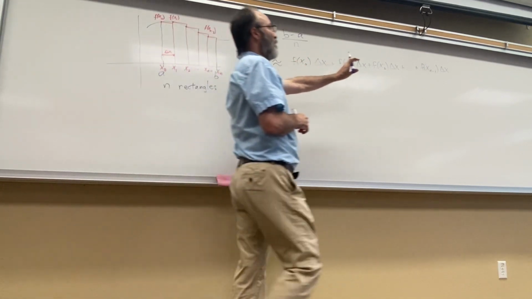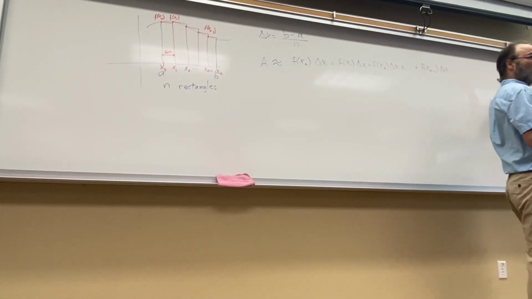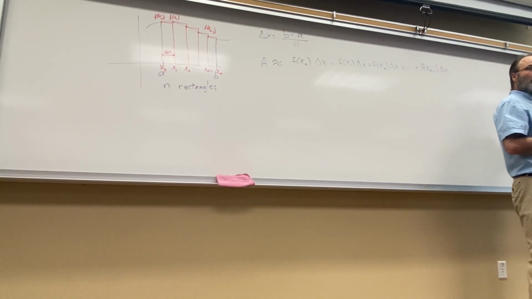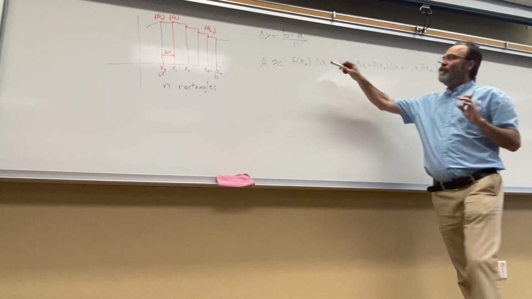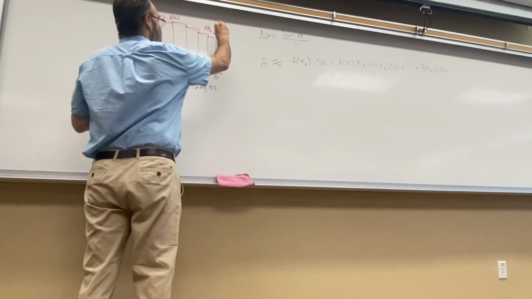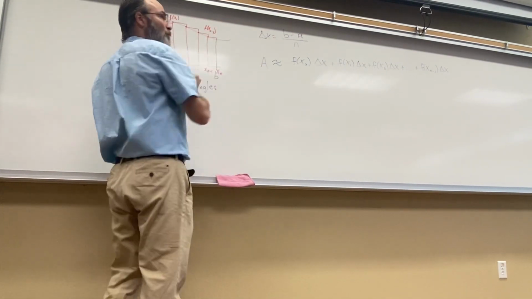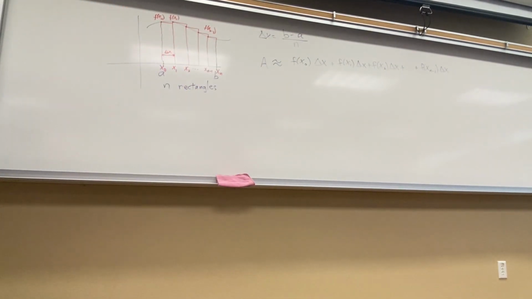Why don't we have f of x n delta x at the end of this? Because it's not included. That last rectangle doesn't touch the curve there. Since it's not touching the curve at that last point, we're not going to include it in our list. Does that make sense, everybody?